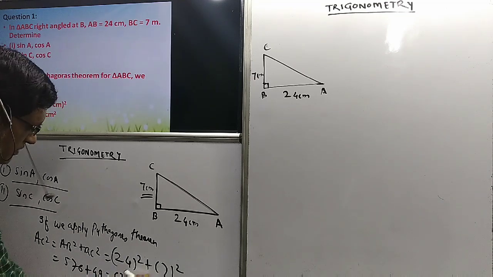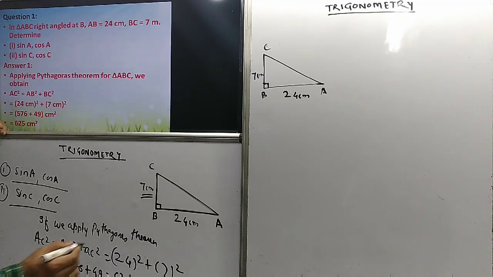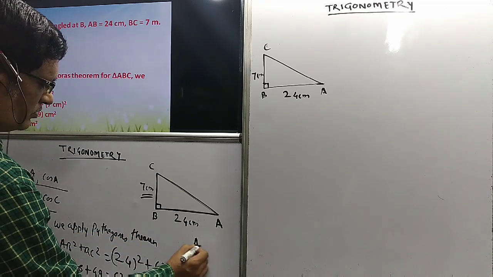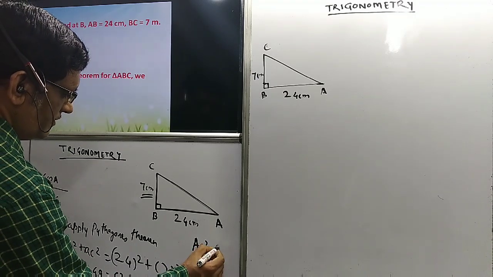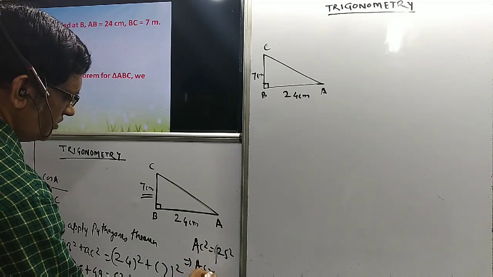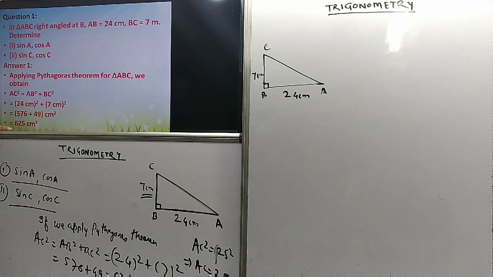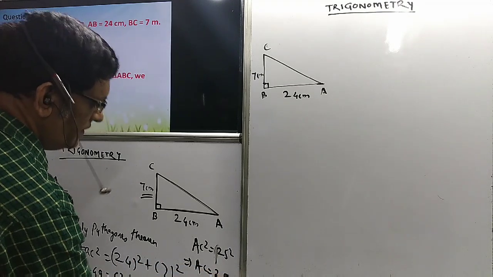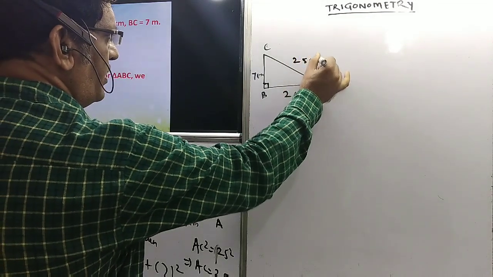You know that 625 is 25 square. So AC square equals 625, and AC is plus or minus 25, but sides cannot be negative, so the hypotenuse AC is 25 centimeters.